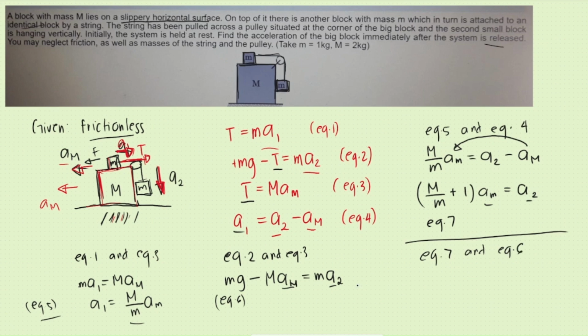Okay, use A2 here and plug that in here, equation 6. mg minus M A_M is equal to m times M over m plus 1, A_M. See, we're now left with A_M only, so we're just going to solve for that. Let's solve for that one.